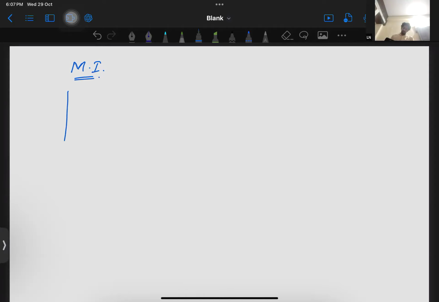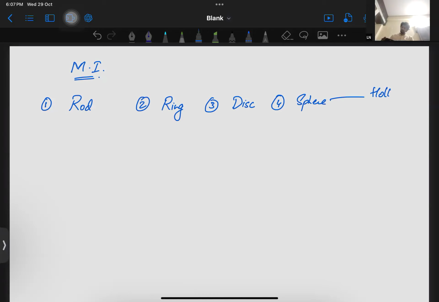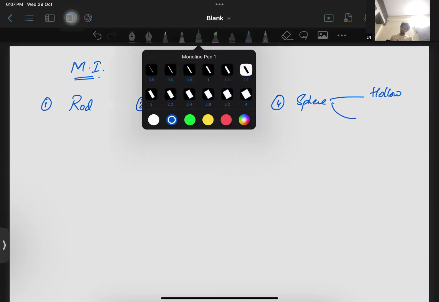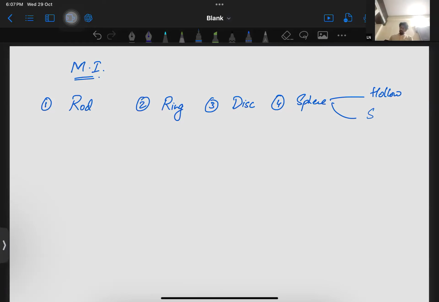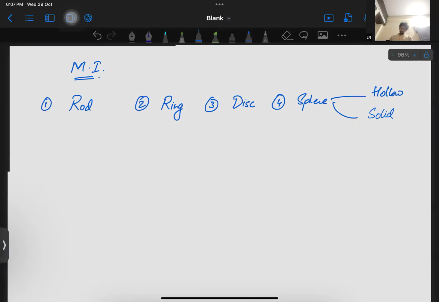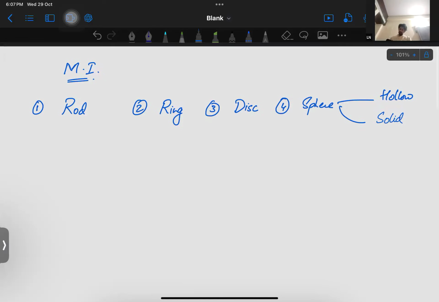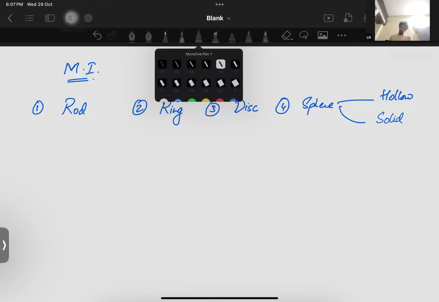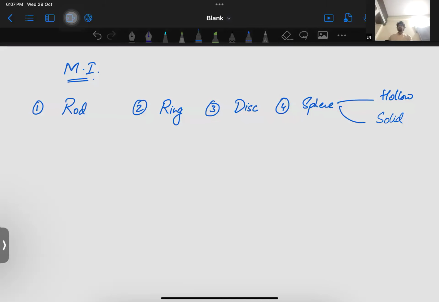We'll be discussing overall: number one, rod; number two, ring; number three, disk; number four, sphere. This sphere could be hollow, and it could even be a solid sphere. So these are the discussions that we'll be having.